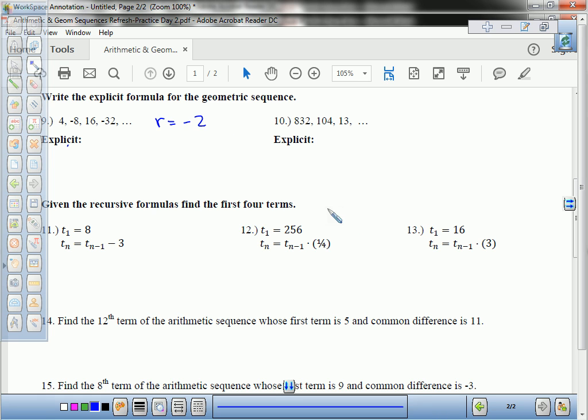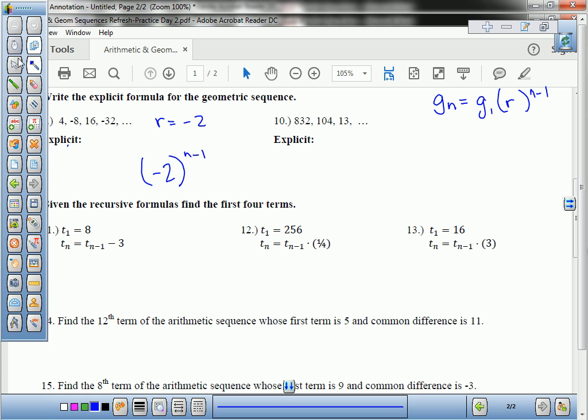Whenever it switches signs, your common ratio is negative. So when we use this formula, g sub n equals g sub 1 times r raised to the n minus 1. Our r goes inside of here in parentheses, -2. Now what is your first term? 4. And we're done.